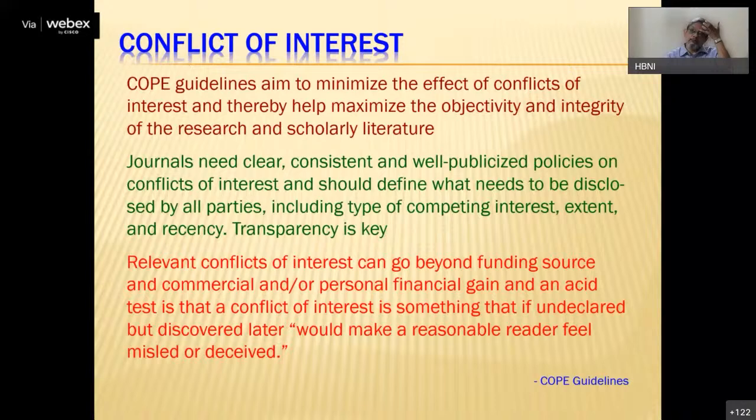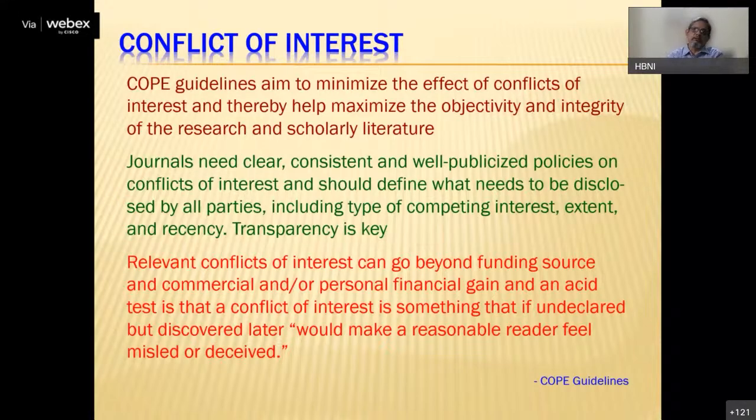The guidelines issued by COPE aim to minimize these effects of conflicts of interest, and thereby help maximize the objectivity and integrity of the research and scholarly literature. So what are the journals required to do in this regard? The journals need very clear, consistent, and well-publicized policies on conflicts of interest.